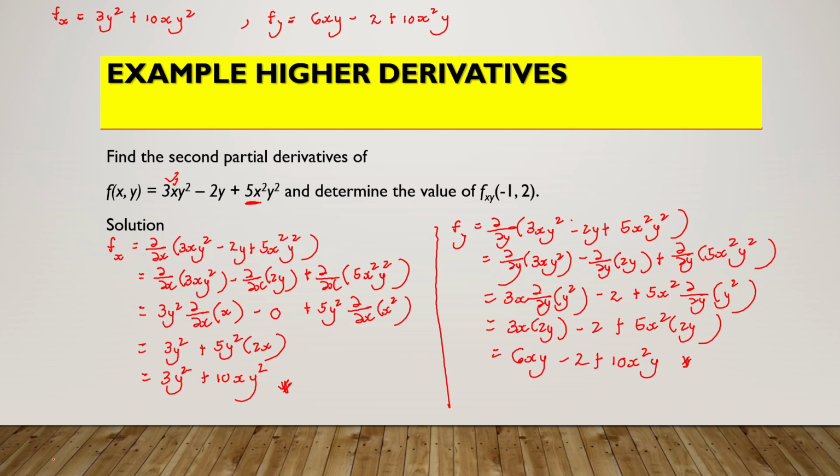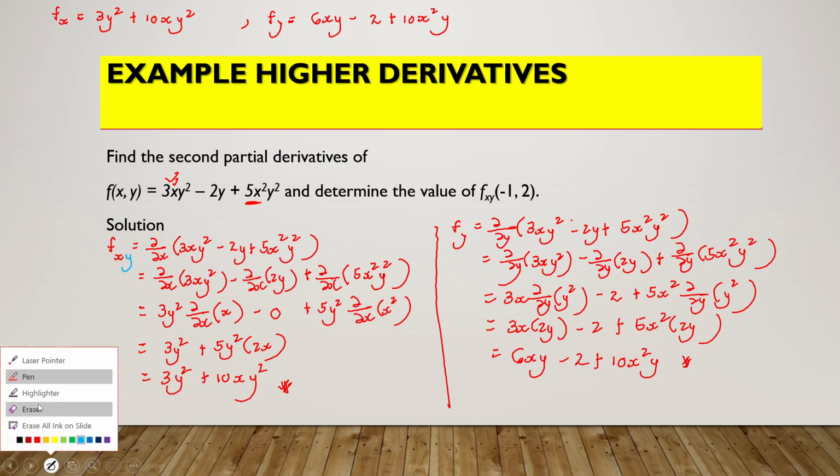Now I want fxy. It's actually del del x of fy. So here I have to erase.